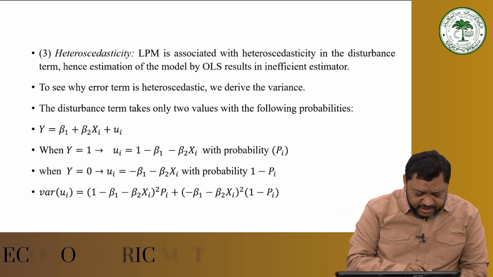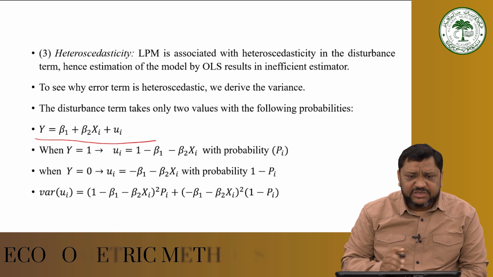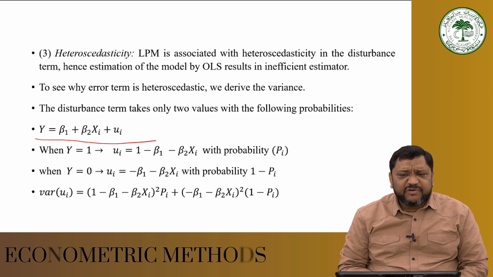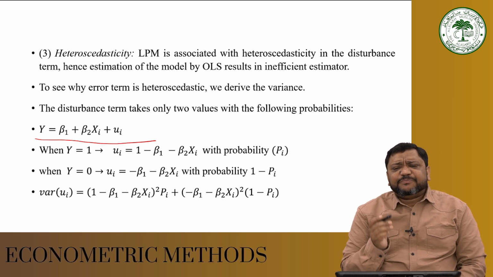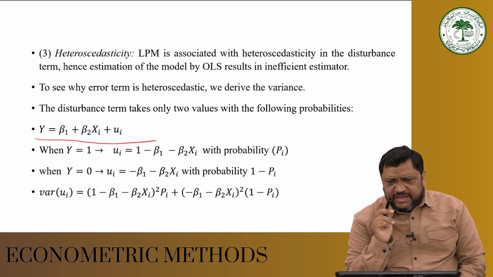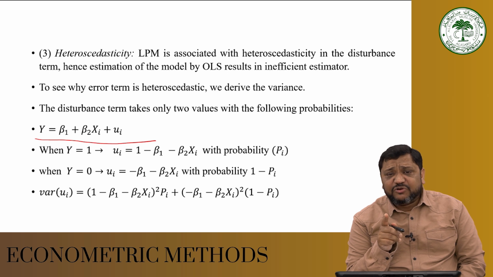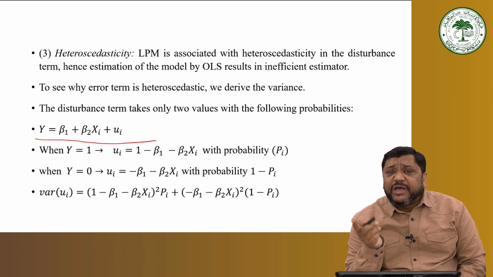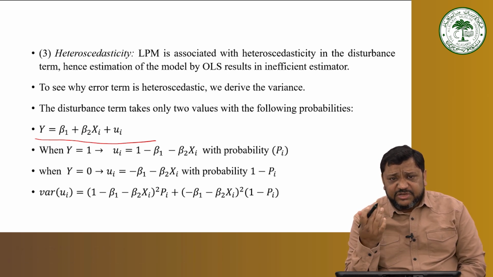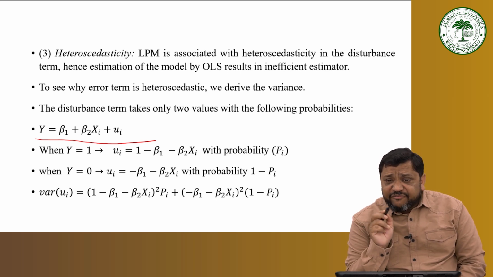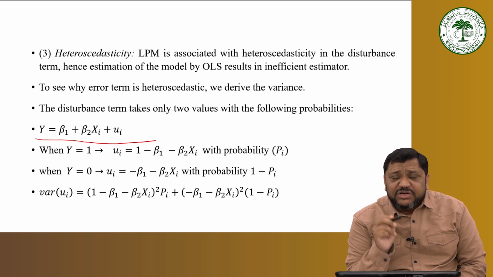We can also prove that for y equal to b1 plus b2 xi, even if the expected value of ui is equal to 0 and the covariance of ui and uj is equal to 0, meaning there is no relationship between the previous and this, we cannot assume that the variance of ui is a constant sigma square.